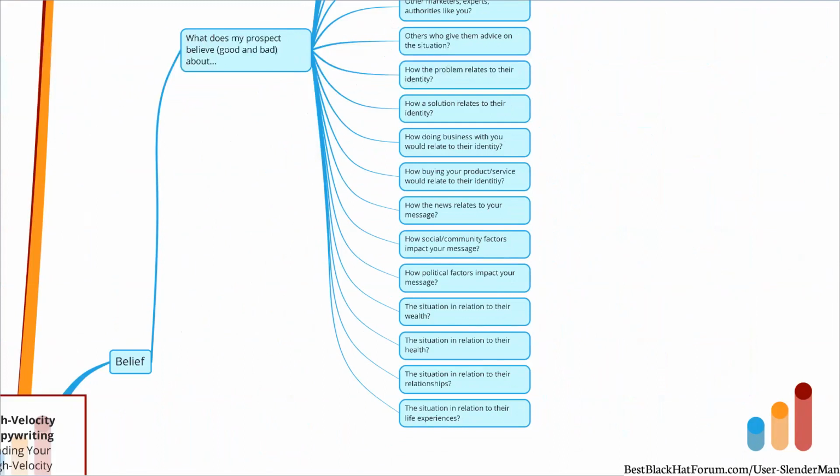All of these belief patterns that currently exist in your market, in your prospect, will impact how they respond to whatever big idea you're going to put in front of them. And so it helps to have a very solid understanding of that before you sit down to write.